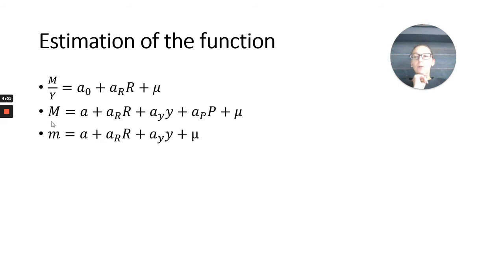So the total demand for money would be linked with interest rates and real income, and as well price level in the country, as of course the higher the prices, the more money we need because of the transaction motive, as we need more cash in order to buy the same amount of goods and services.